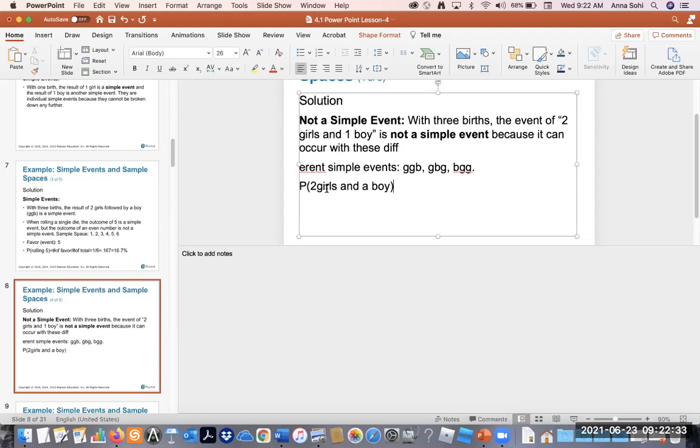Then you would say we had the sample space. There were 8 items in the sample space, and 3 of them will give me 2 girls and a boy. So it's 3 out of 8, which again, you can find the decimal.